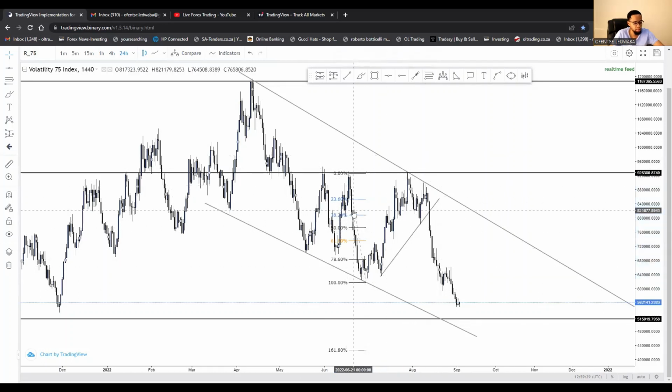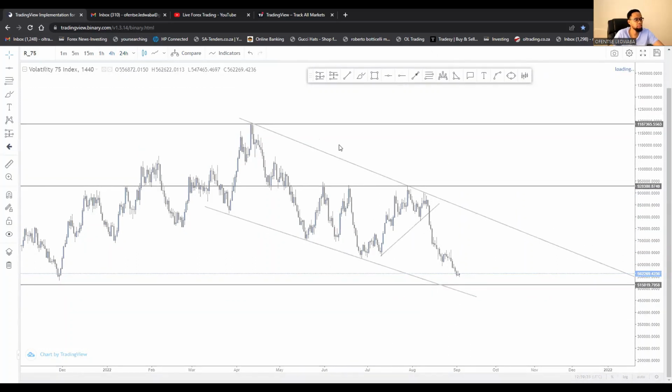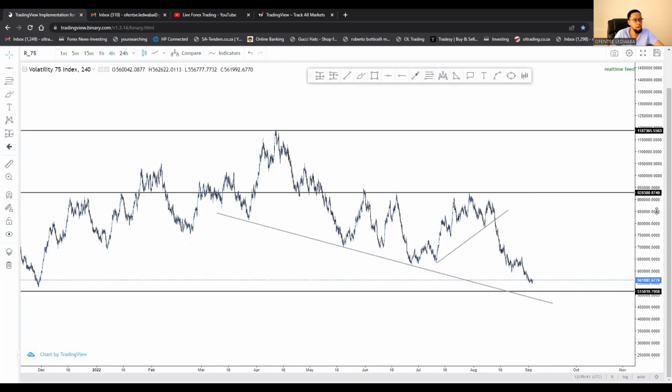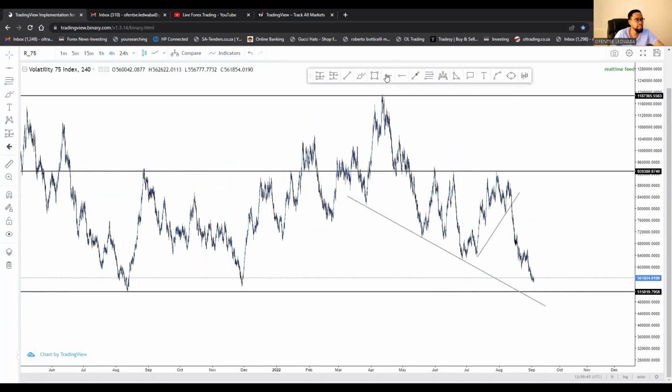Okay, so now let's jump deeper. Gonna go to 4 hour, and I'm on 4 hour, and I'm gonna look for those areas where I see that the market has potential of turning.